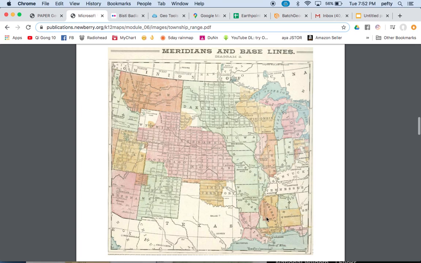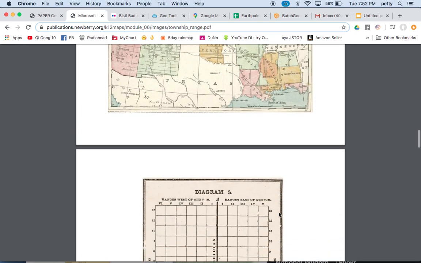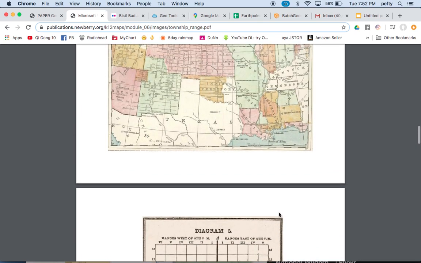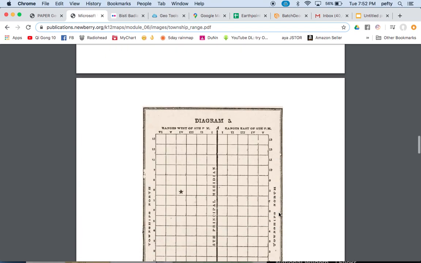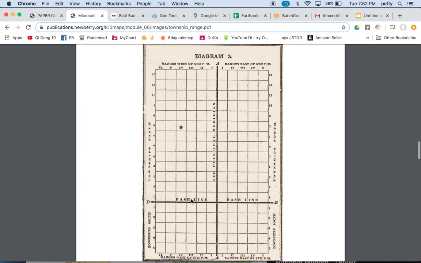And so all these baselines got set up a long time ago, but were kept as the baselines for a long time. And then to measure away from these baselines, if you have a baseline here and you say, oh, well, it is 3 townships north and 4 ranges east, right?